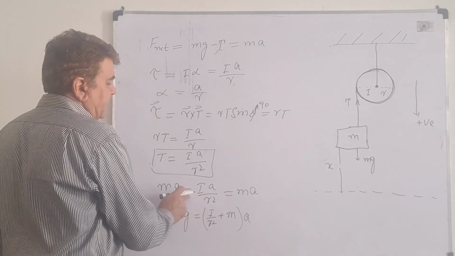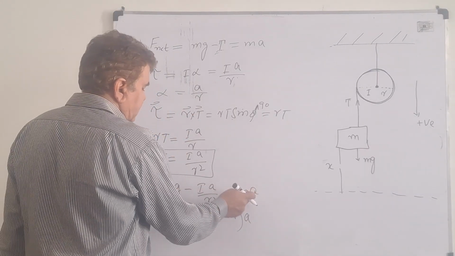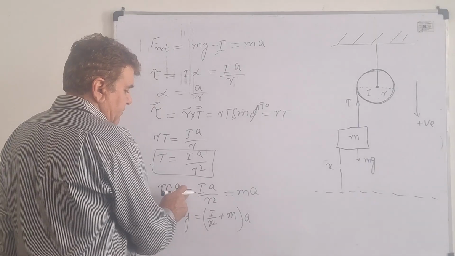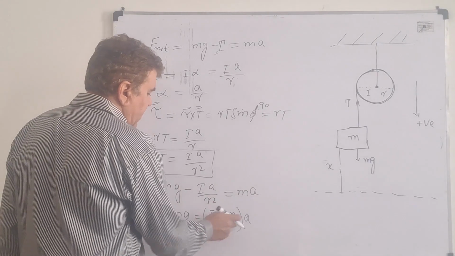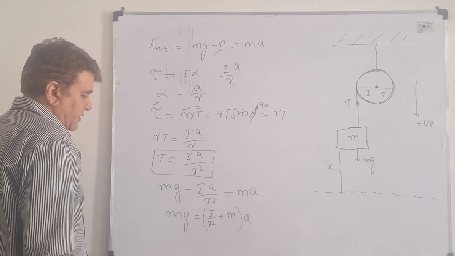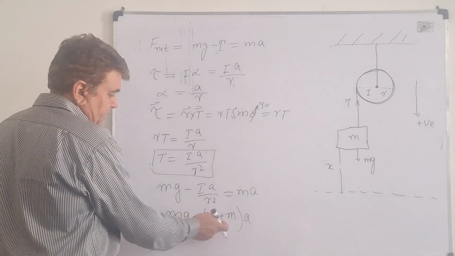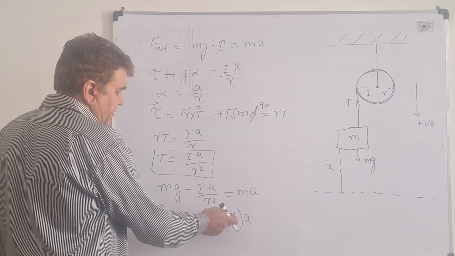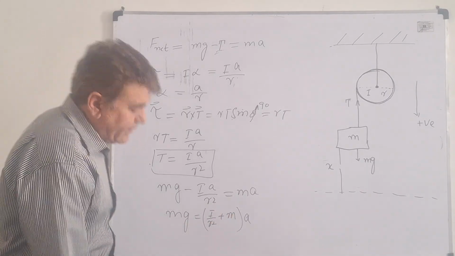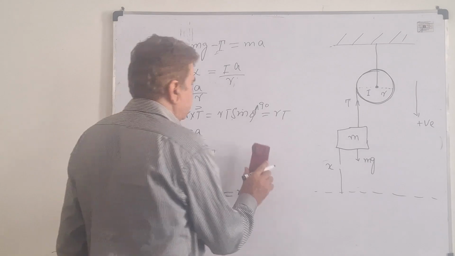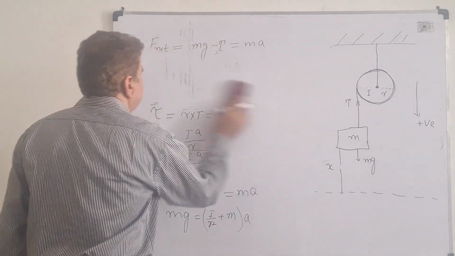That is, first I take this term to this side of the equation, making it positive, and then taking a common to write it in this form. And I can take the LCM of these two terms inside the brackets. So let me write this here.